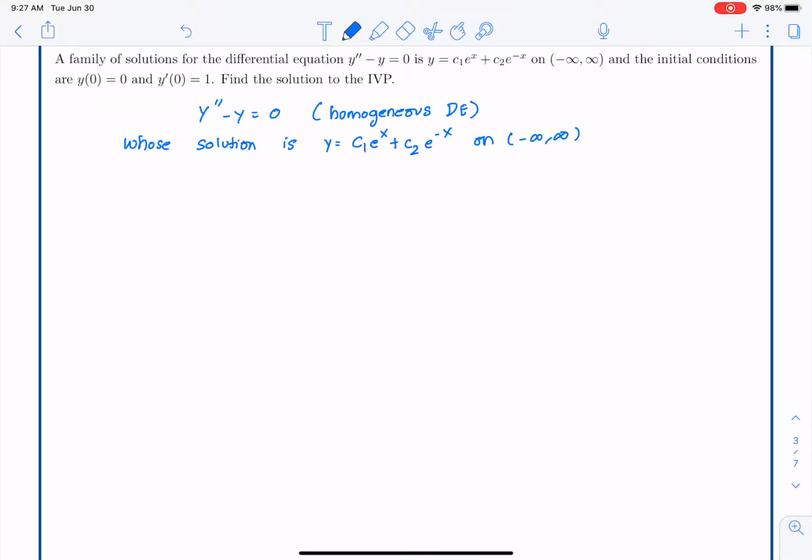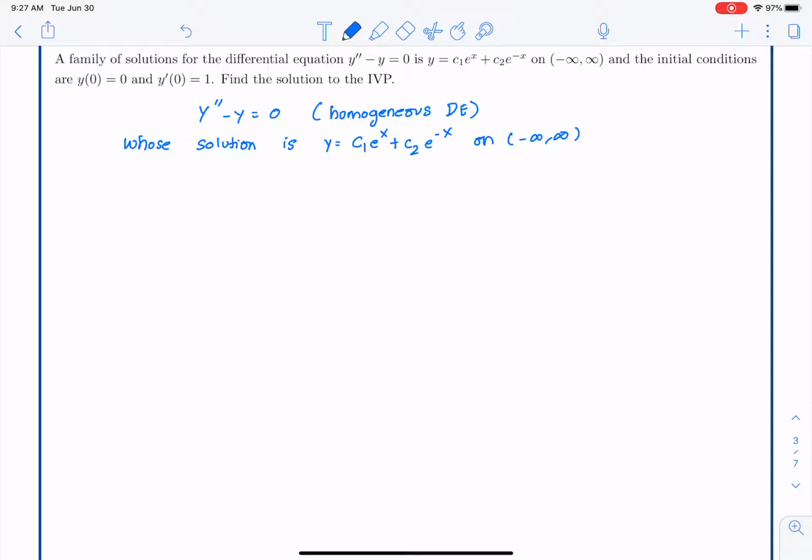Now, we haven't defined the constants c1 and c2. How do we find the constants? We make use of the initial conditions. As I mentioned earlier, if it is a second derivative, then we would like to have two initial conditions. One would be y of 0, the other would be y prime of 0.